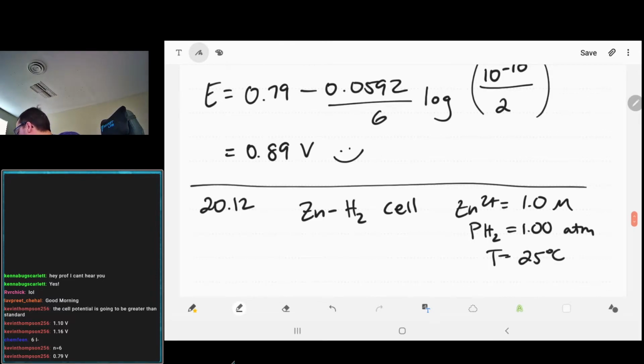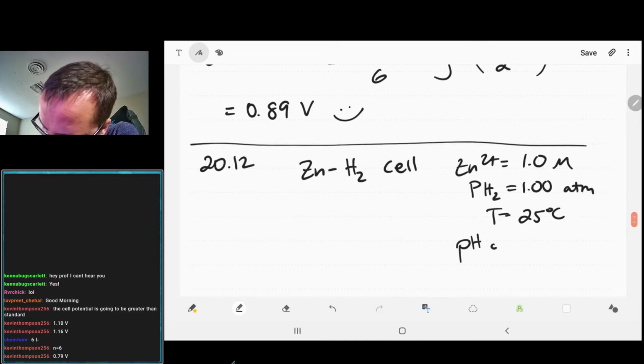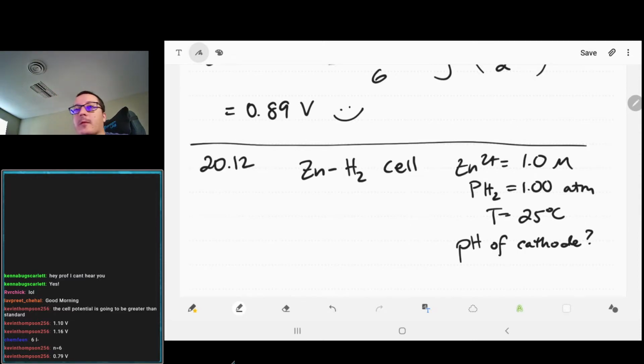Temperature is that. What's the pH of the cathode? That is what the question is asking us. And let's just throw one more sig fig in there. So, pH of the cathode.